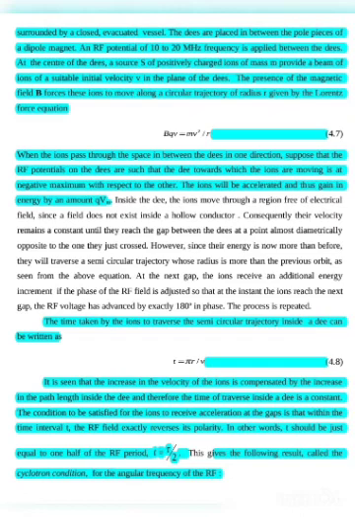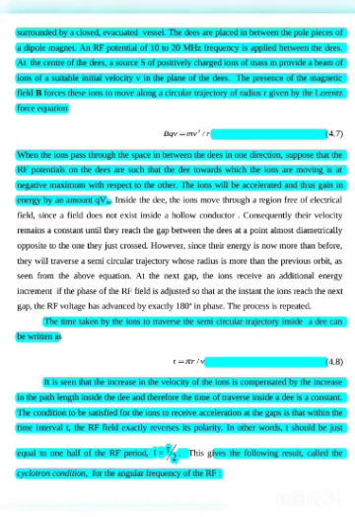However, since their energy is now more, they will traverse a semicircular trajectory whose radius is more than the previous orbit. As seen from the above equation, at the next gap, the ions receive an additional energy increment if the phase of the RF field is adjusted so that by the instant the ions reach the next gap, the RF voltage has advanced by exactly 180 degrees in phase.